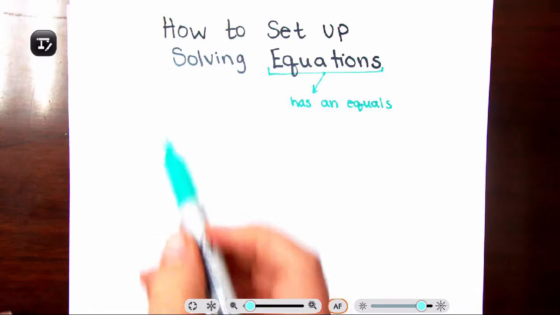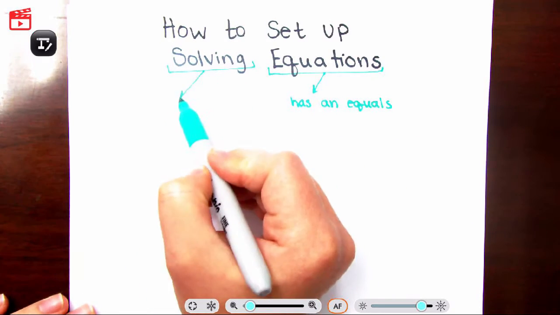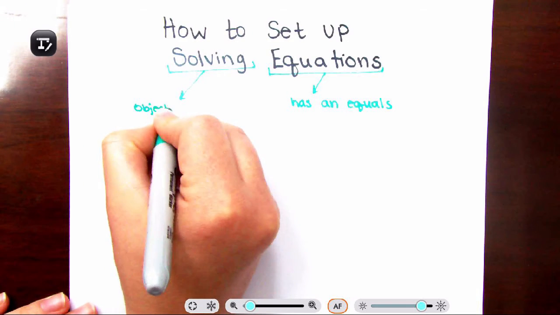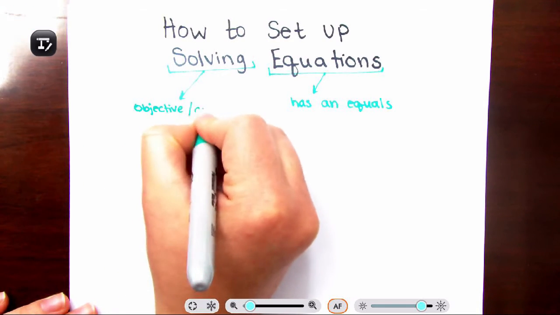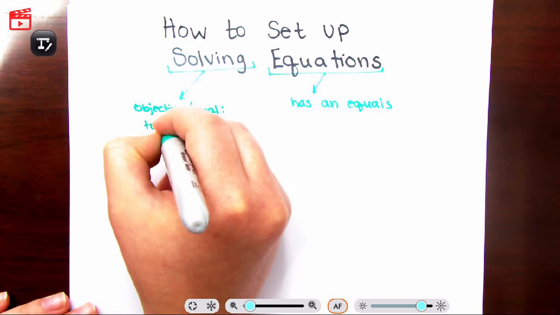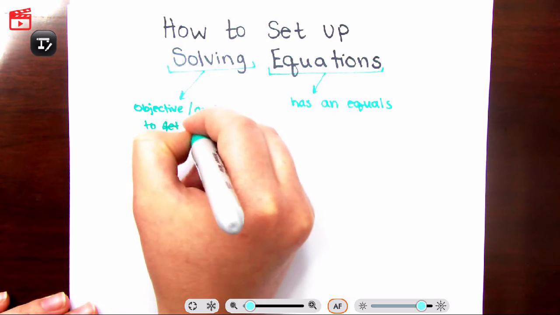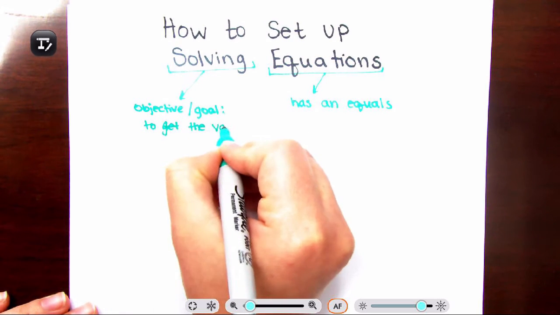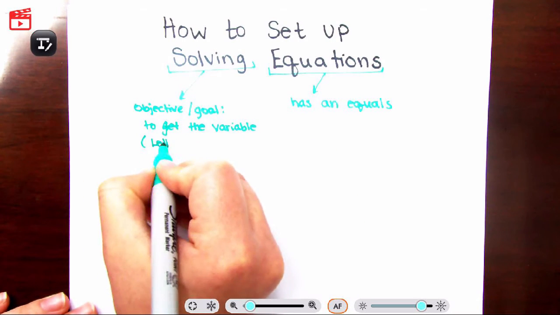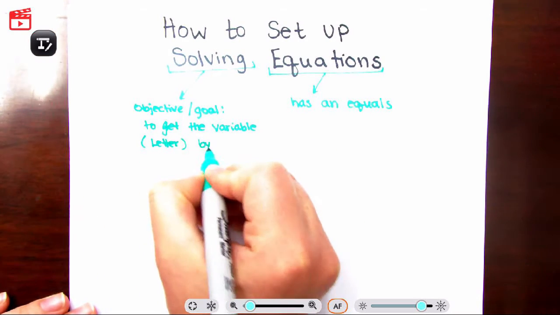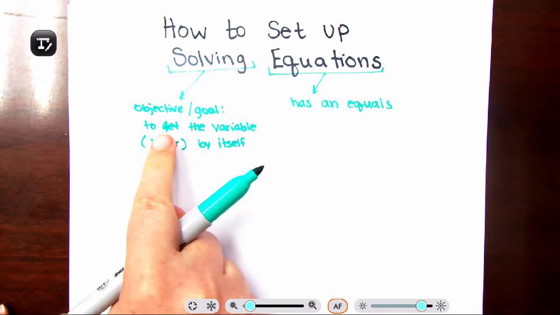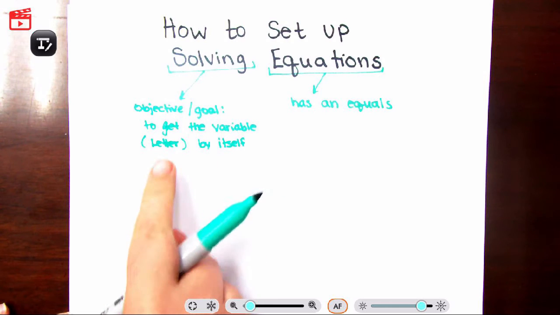And when we are solving, our objective, or you can say our goal, is to get the variable, and a variable is just the letter, by itself. So when we are solving, we want to get the variable by itself. We want to get the letter by itself.